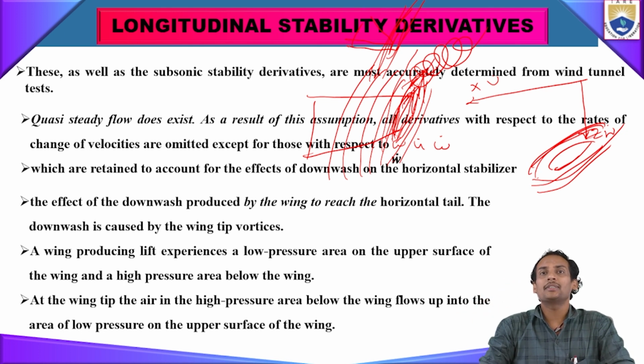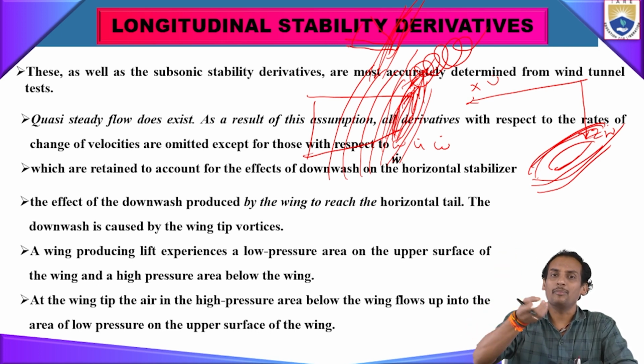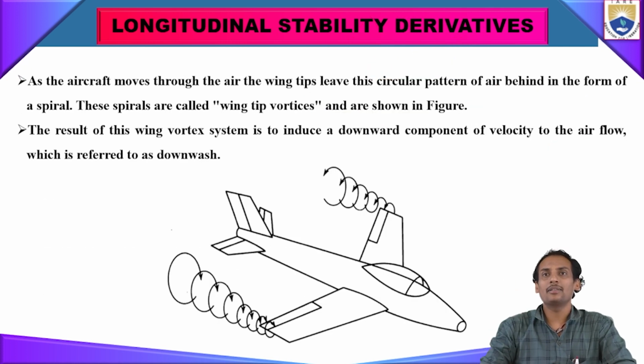So a wing produces lift. I mean the lift on the wing has a low pressure area on the upper surface of the wing and a high pressure area on the lower surface of the wing. The higher pressure area and the lower pressure area will mix at the wingtip, so that the wingtip vortices will happen. So see here in the figure.